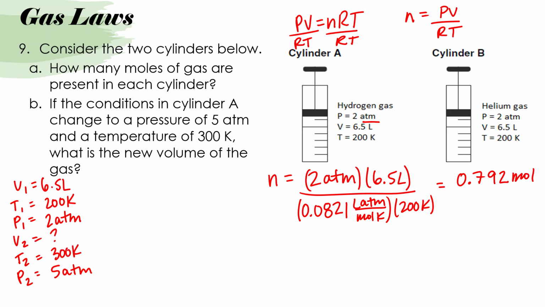So we're going to use our combined gas law, P1V1 over T1 equals P2V2 over T2. So I'm going to plug in all of my variables here.